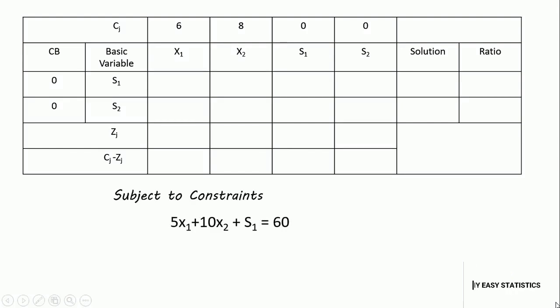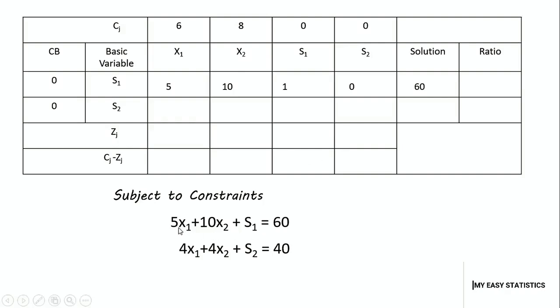Now next we will talk about constraints. We have two constraints, 5x1 plus 10x2 plus S1 is equal to 60, 4x1 plus 4x2 plus S2 is equal to 40. Now the values from the constraints are substituted here. The coefficients in the constraints are placed here: 5, 10, 1 because S1 is 1, S2 is 0 and the solution value is 60.